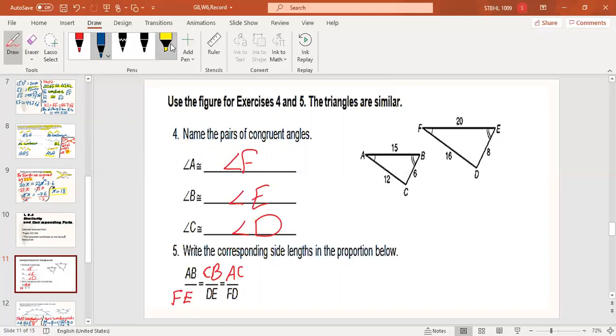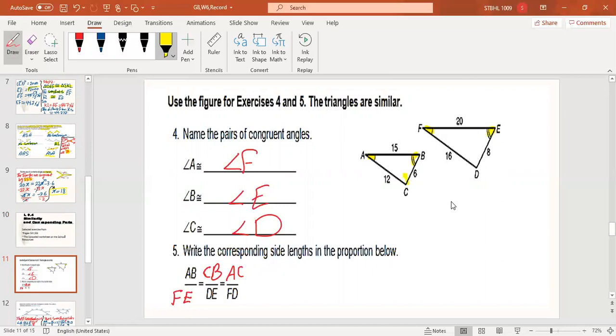But similar triangles are different. In similar triangles, the angles are congruent, but the sides are proportional. What does this mean? We will figure it out.